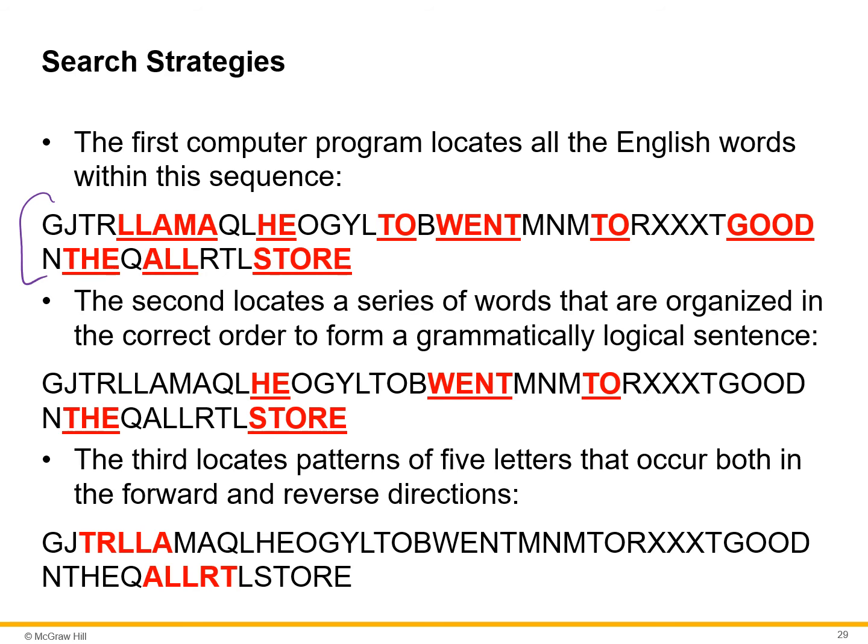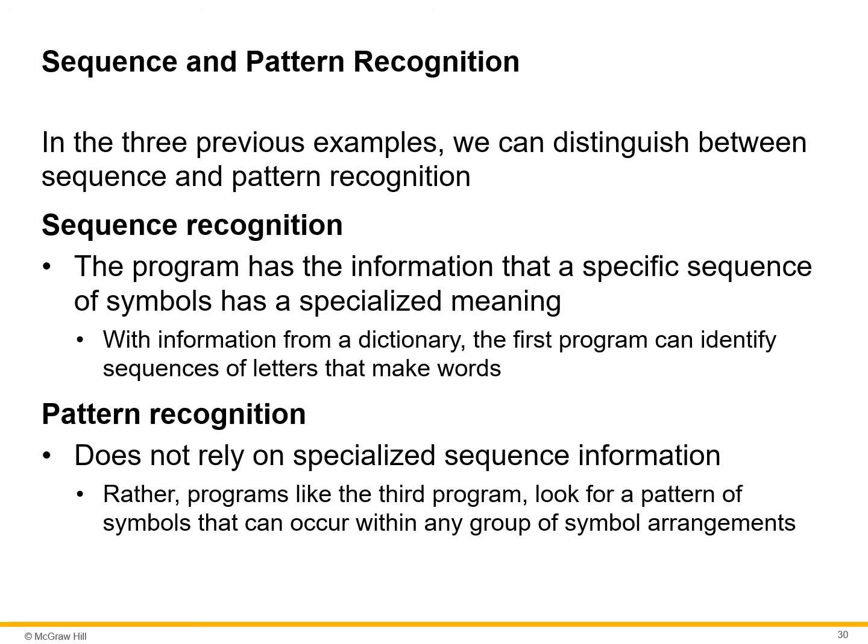You might want to look for words that are in order for a sentence, or things that go the same sequence in opposite directions. And so, by the tools of a computer, you can look for different things within that DNA sequence in the analysis of a sequence.